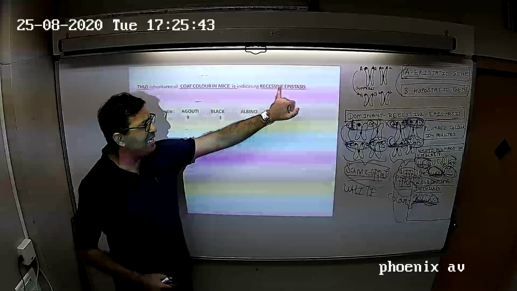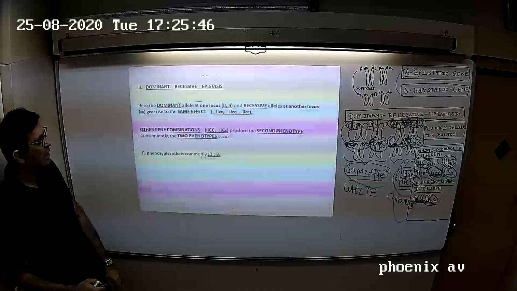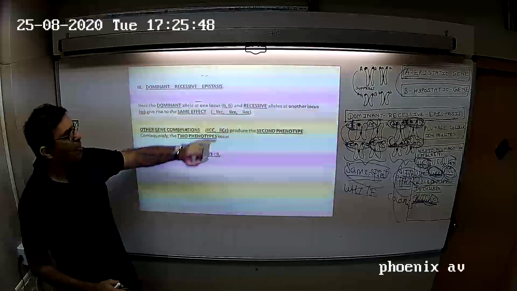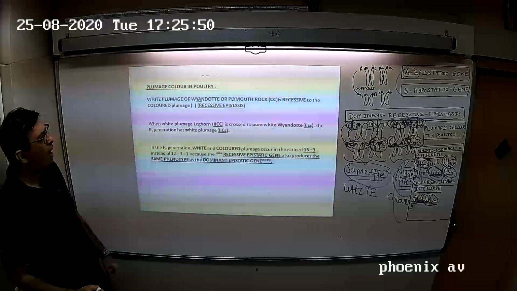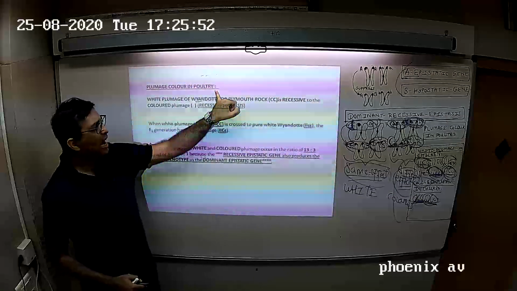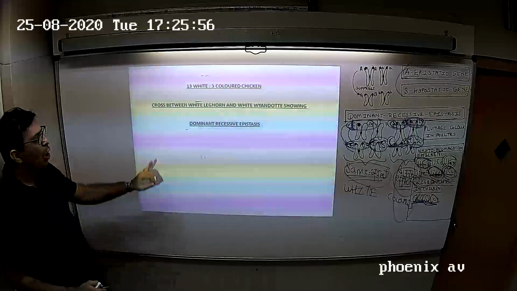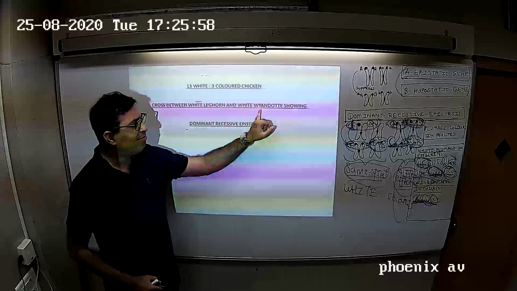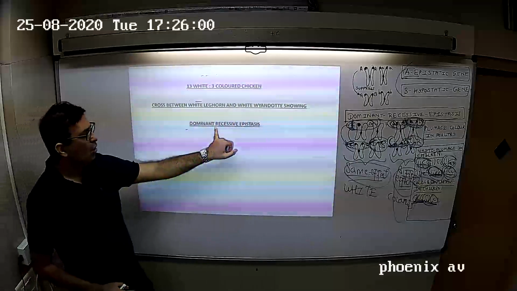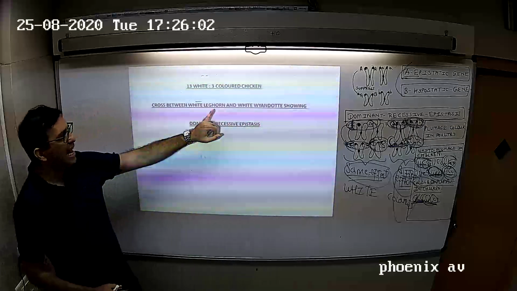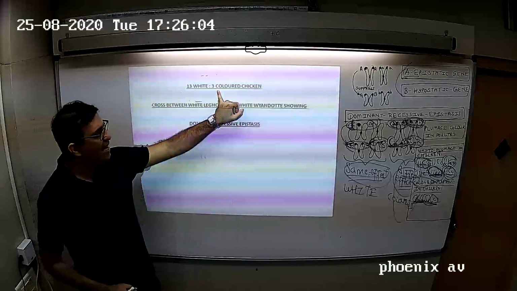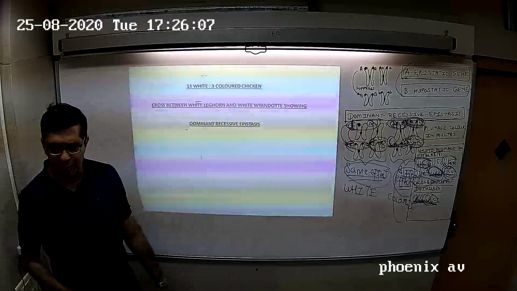Dominant recessive epistasis is found in plumage coloring of poultry: cross between white leghorn and white Wyandotte shows 13 white and 3 colored chicken.